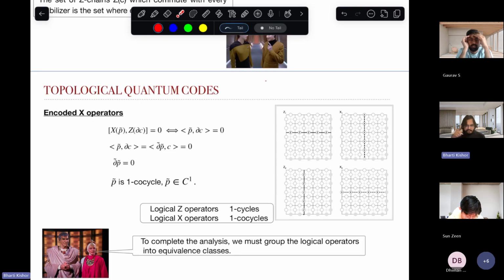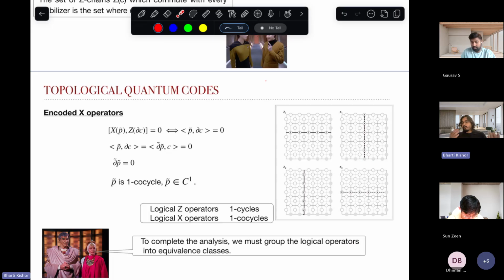And it has to be a non-trivial cycle, because trivial cycles will be the stabilizers. So these are non-trivial cycles, and they correspond to your encoded operators, X logical and Z logical. Here we are working with, let's say, the toric code.